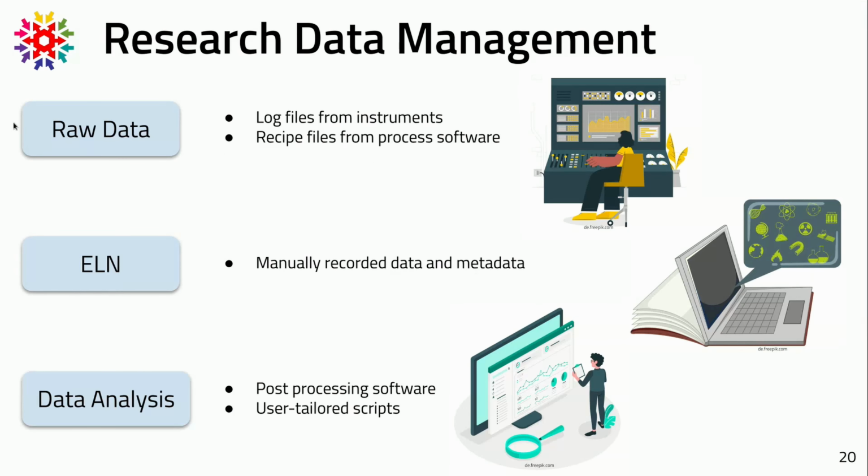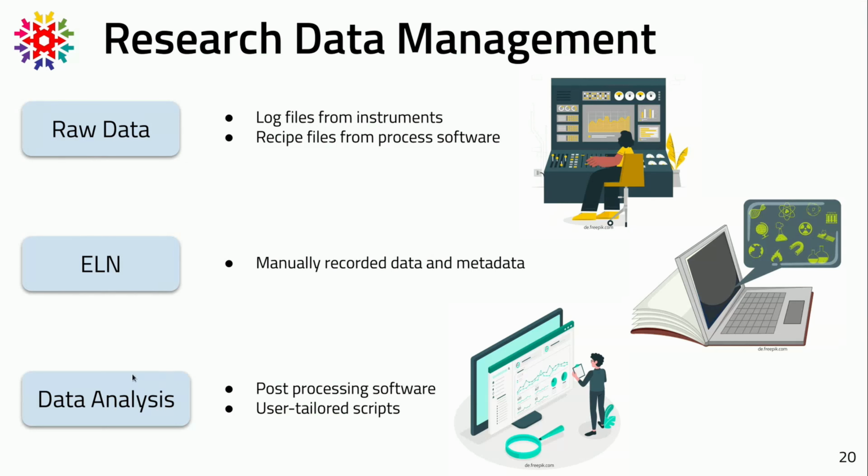So in material science, we usually have three main sources of data. This can be the raw data coming from the files that are being generated from the instruments where we perform experiments, or we can have some ELN data that are essentially manually recorded pieces of information.